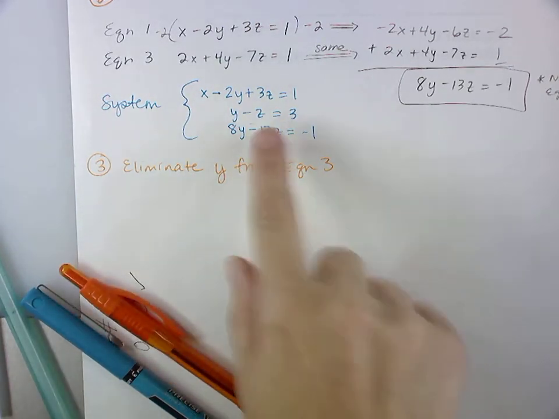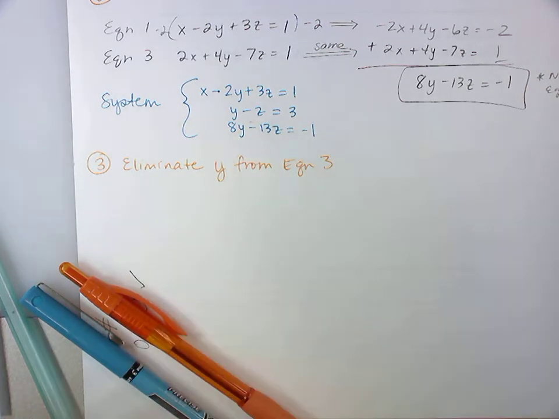Now, having it in this format, I think it's clear to see what your two equations you have to use in order to eliminate the y. Okay, so Abby, what do you think?